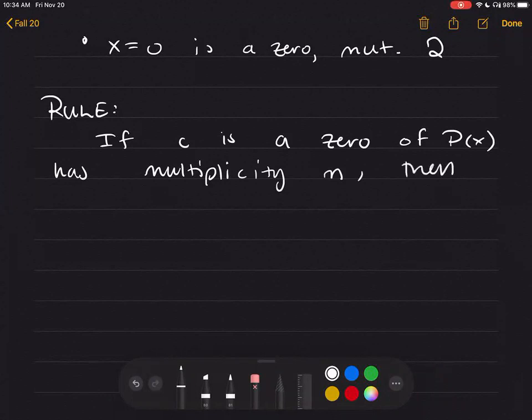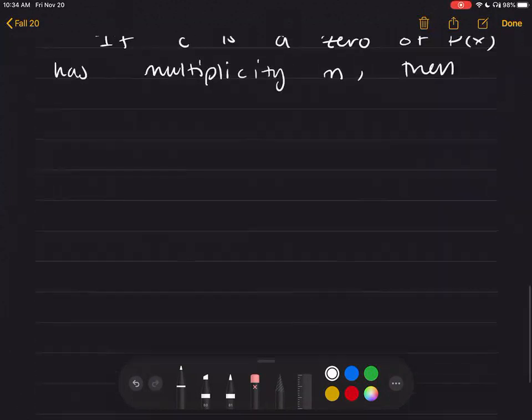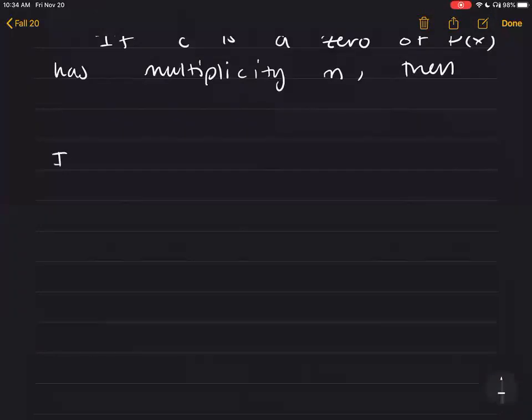Then we know things about the shape of the graph depending on how m behaves. So if m is odd and it's strictly bigger than 1, these rules only hold for m being bigger than 1. If m is equal to 1, it just cuts right through it usually.